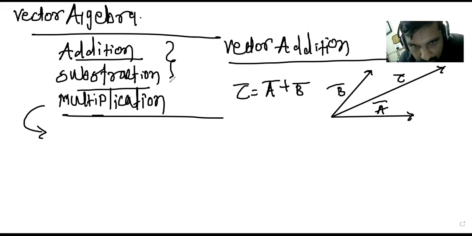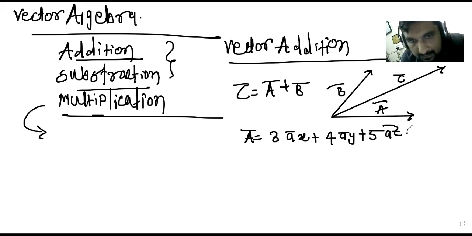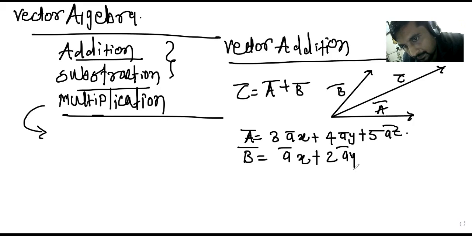For example, suppose I have a vector A bar equal to, let's say, 3 A bar x plus 4 A bar y plus 5 A bar z. And vector B bar is equal to, let's say, A bar x plus 2 A bar y plus 3 A bar z, right?